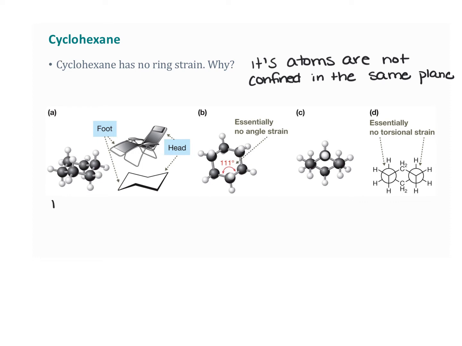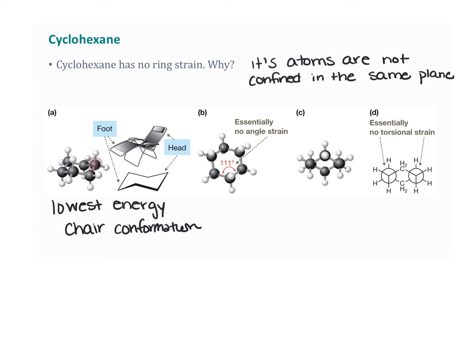And that's what you're seeing here. So this is the lowest energy for cyclohexane, and this is called a chair conformation. And what happens here is the bonds that connect the carbon atoms trace out a shape resembling a chair. And this is like a lounge chair where, if we can imagine, this is the top of the chair.